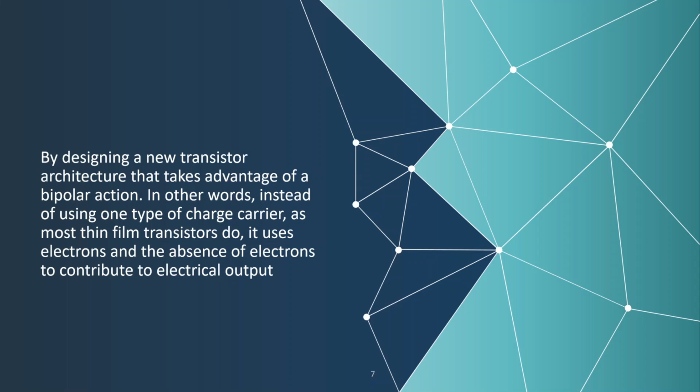Instead of using one type of charge carrier, as most thin films would do, it uses electrons and the absence of electrons to contribute to the electrical output. I'm sorry if I'm not giving a clear picture of how they work, because it's not fully searchable at this point.